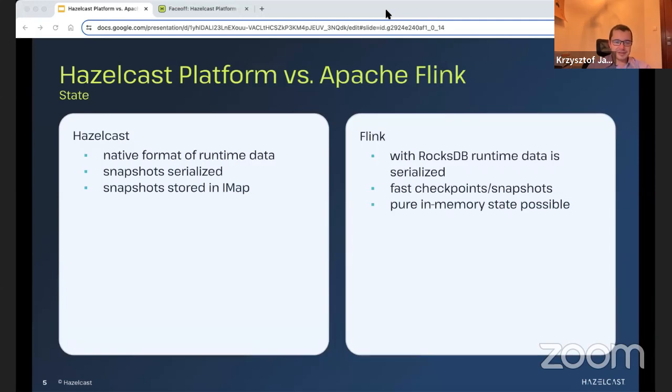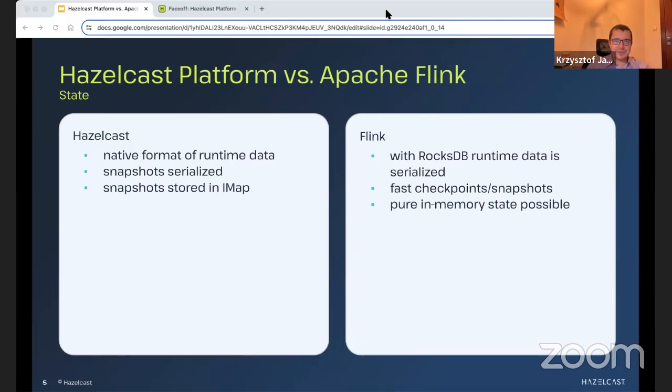So in the case of Hazelcast, we store such state, like partially aggregated values, like sums of the transactions, in native format in Java on the heap. So it's very fast to access. It's very fast to update when new events come.